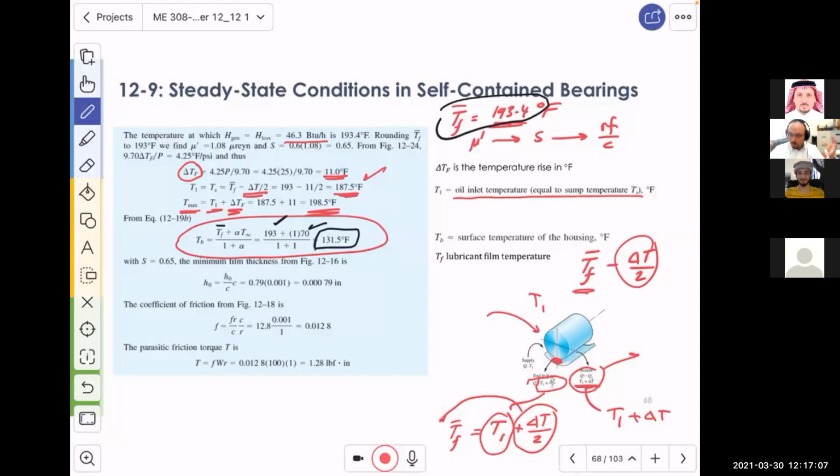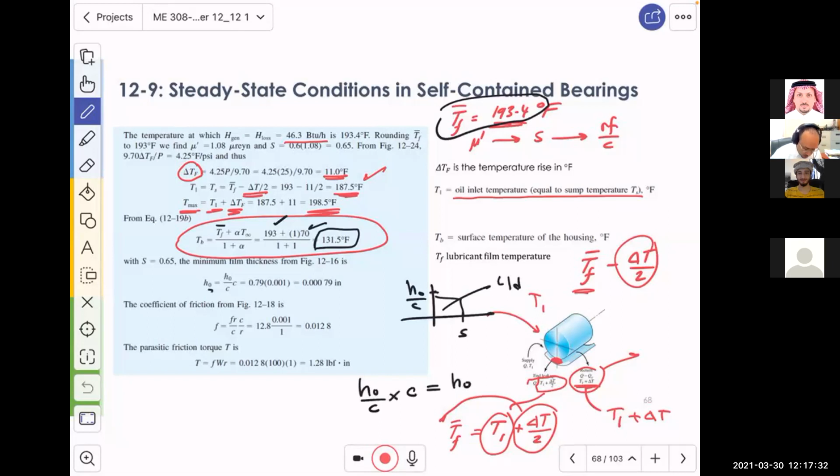Now, we know the S number. We can go ahead from the curve and find H0 over C. Why? Because if you know the S number and L over D, you can easily find that ratio. When you find that ratio, H0 over C, because we know C, we can multiply it by C. And what is the result?